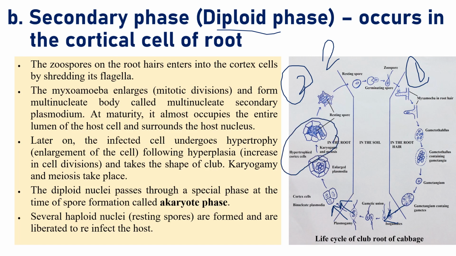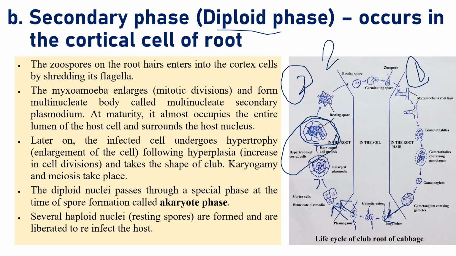That is what we see outside: symptoms like abnormal enlargement of cells and abnormal increase in the number of cells. Once it becomes the secondary plasmodium, hypertrophy and hyperplasia take place, and in later stages karyogamy and meiosis also take place.